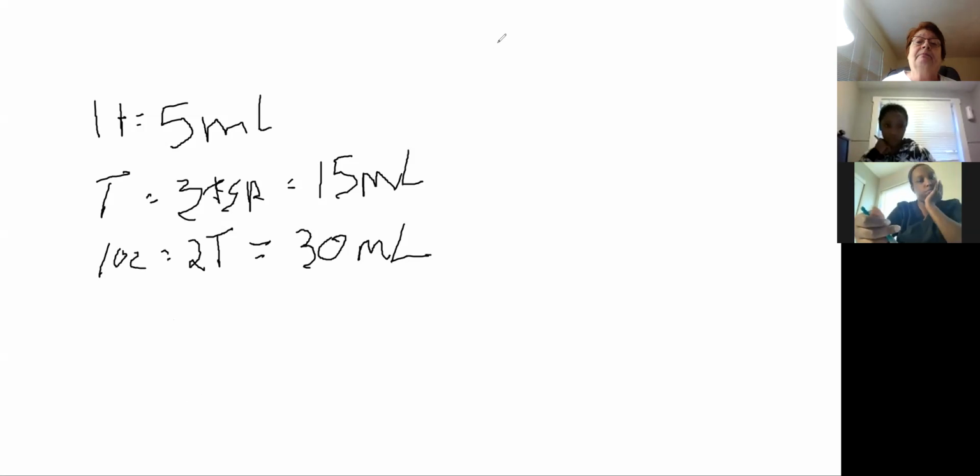The little drawing pad's not working very well today. Can't figure that one out. All right, so let's look at some IV problems.